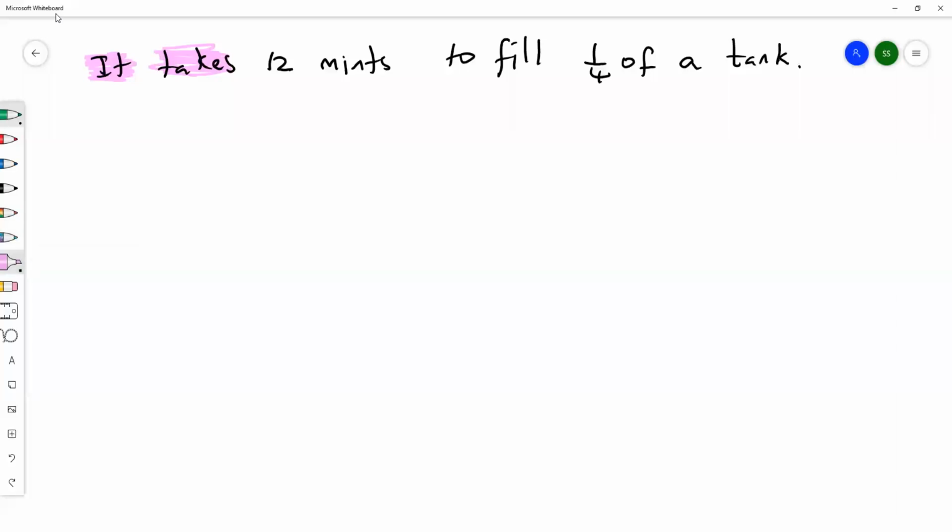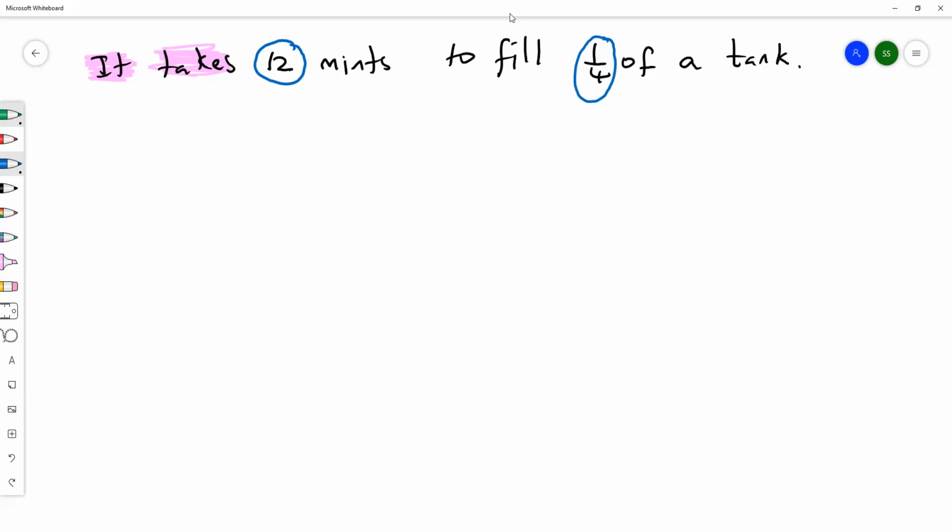So I am going to circle the mathematical terms. These are numbers, created from digits. 12 is a number, 1/4 is a number. Okay, children, now my question is: 12 minutes, is it the total time taken to fill the entire tank?